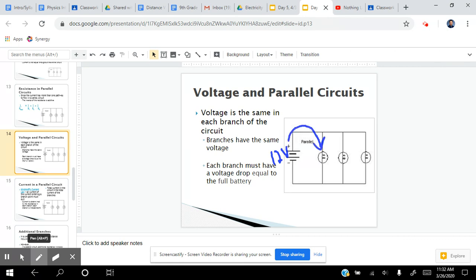There will be 12 volts going here, 12 volts going here, and 12 volts going here. So in a parallel circuit, every single branch is getting the same amount of voltage.